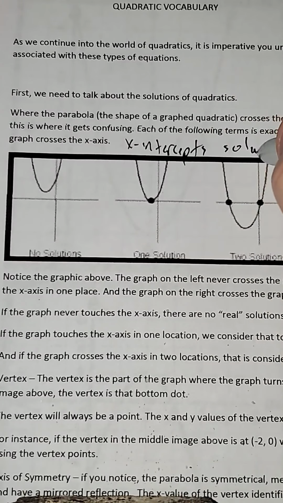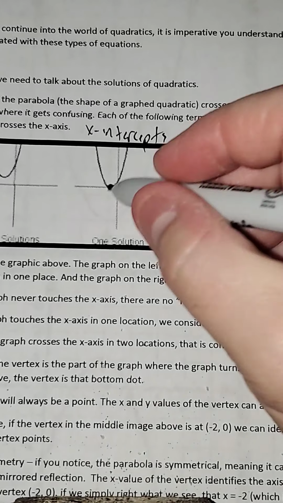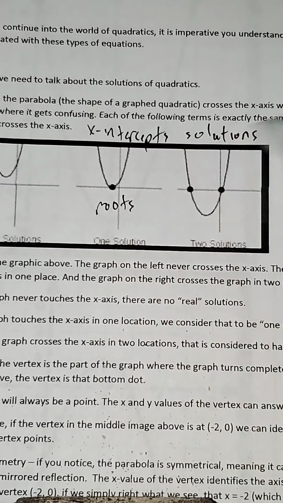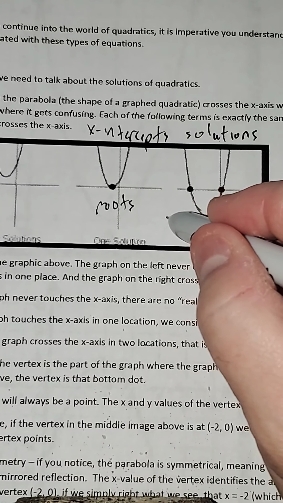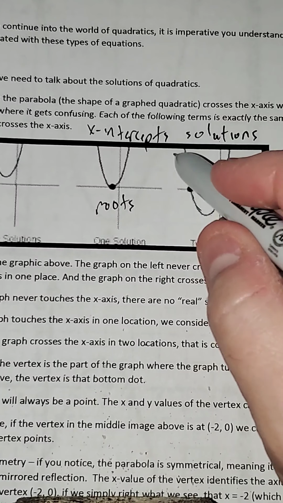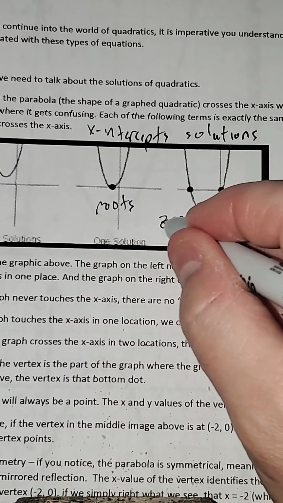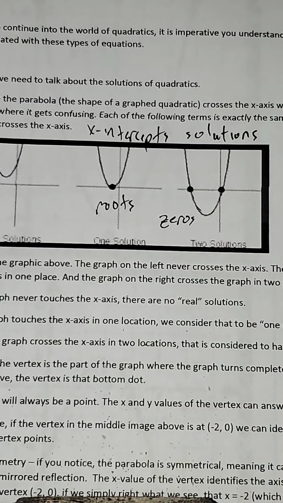Two, we call them solutions. Three, we also call them roots, because if you notice, it looks like roots that go underground. And the last way, we call them zeros.